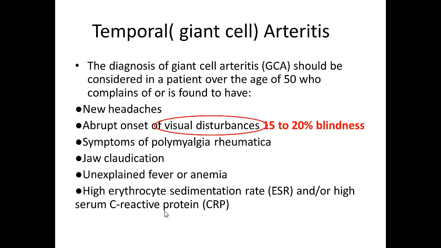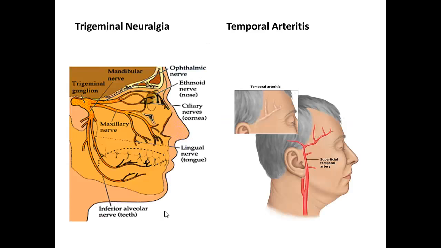The key thing here is the visual disturbances. It can lead to blindness in 15 to 20% of people. Now this shows the trigeminal ganglion and how they have intense pain here. Notice in temporal arteritis, it's almost pain in the same area. They might have some blurred vision here.